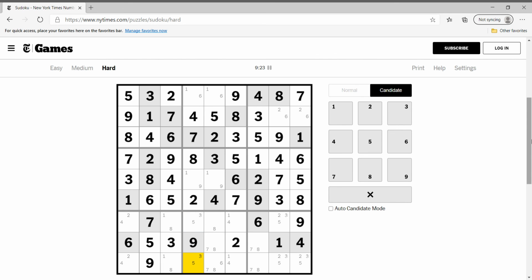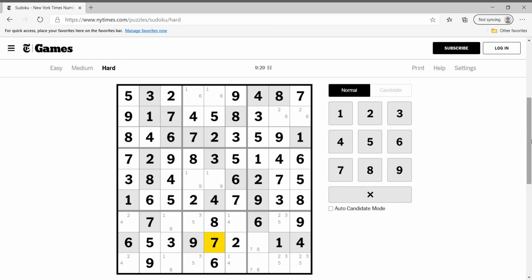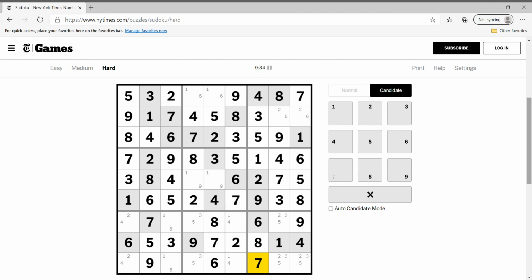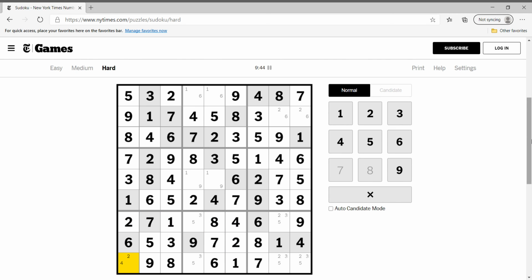There's no room for 6 here. So 6 can only go in this cell. This is clearly 8. This is 7. So this is 8. This is 7. Okay, and so this is 1. This is 8. 4, 1. 2, 4. Okay, so this cannot be 2.